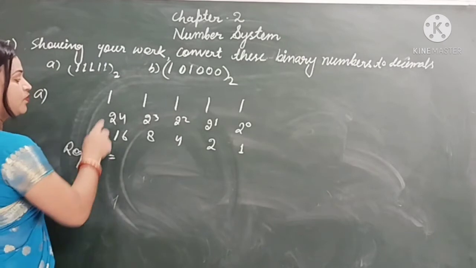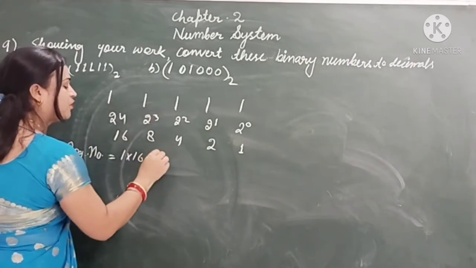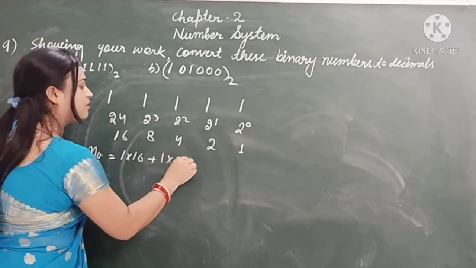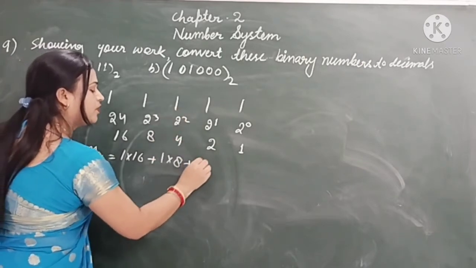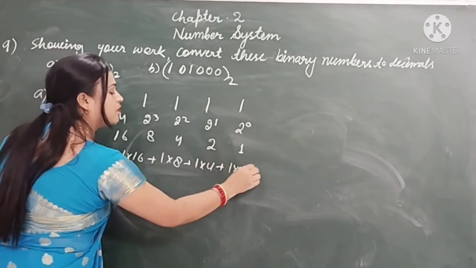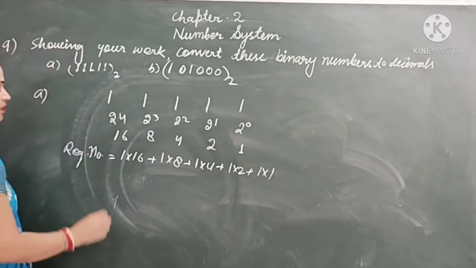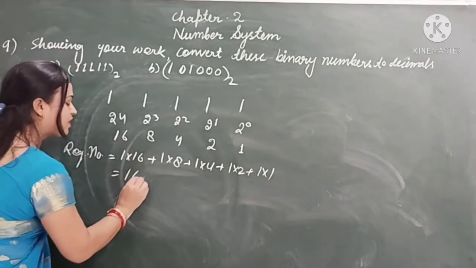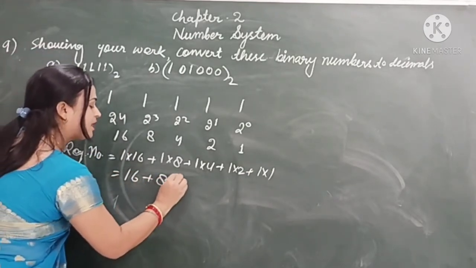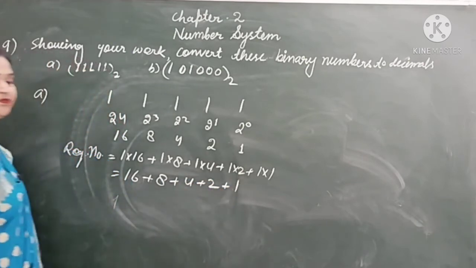equal to 1 into 16 plus 1 into 8 plus 1 into 4 plus 1 into 2 plus 1 into 1, right? Multiply all these: 16 plus 8 plus 4 plus 2 plus 1, correct?